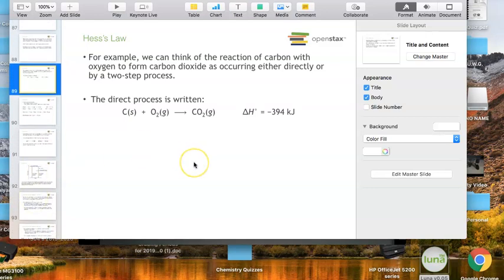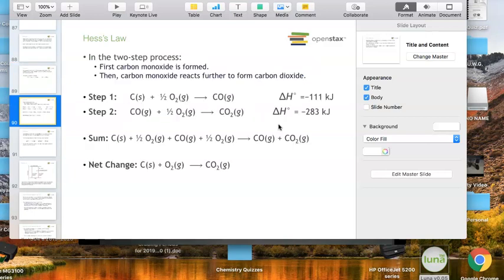For example, we can think of the reaction of carbon with oxygen to form carbon dioxide as occurring either directly or by a two-step process. Here's the direct process, carbon being turned into carbon dioxide. It has a standard enthalpy value of negative 394 kilojoules. Or in a two-step process, carbon is first converted to carbon monoxide by reacting with oxygen, and that has a certain standard enthalpy value.